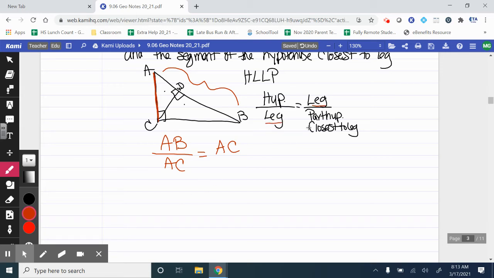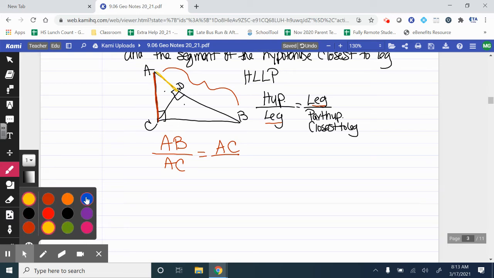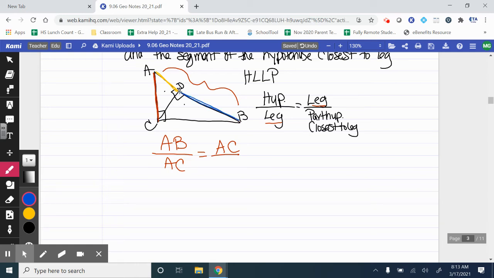Remember, these are your means, over the part closest. So is the part closest to this AD, or is it the other part of the hypotenuse, DB? Which one's closer to the leg of AC? And hopefully you're saying that yellow one is, so that would be AD over here.